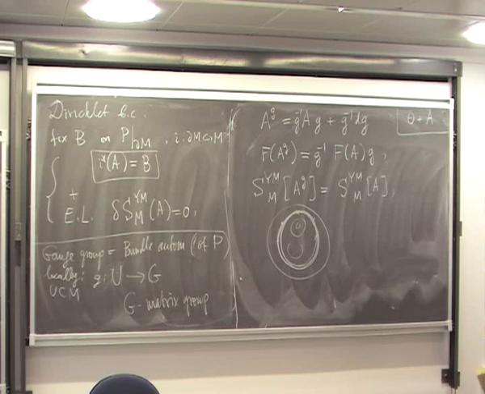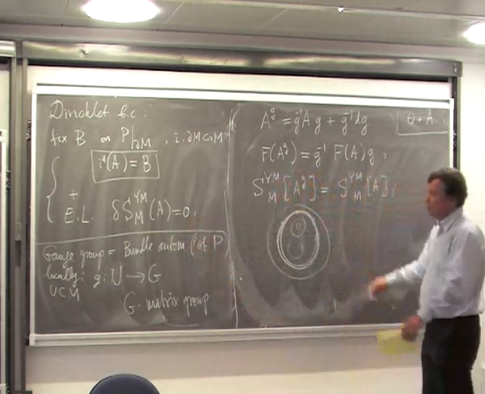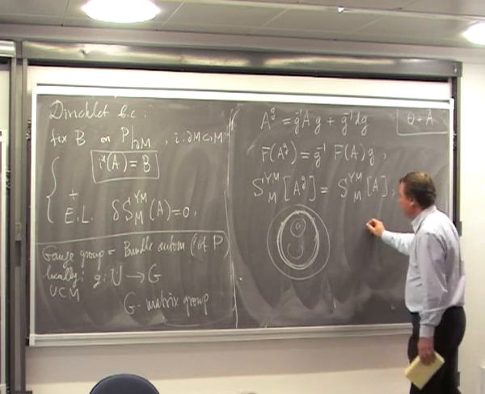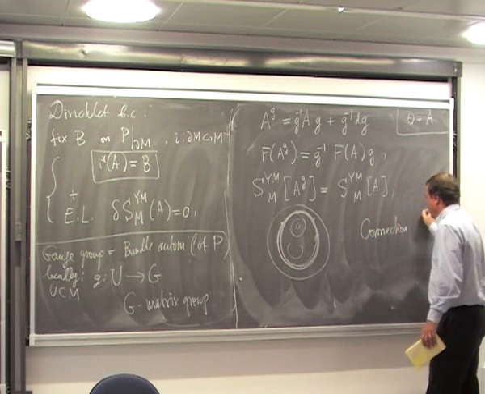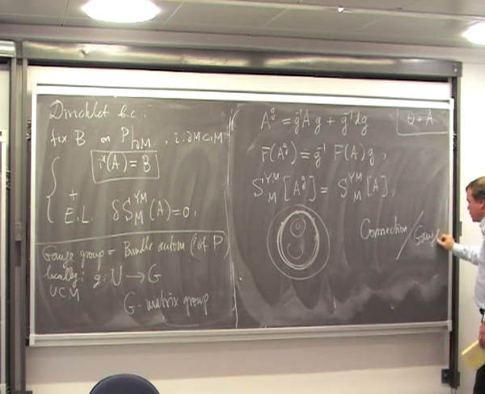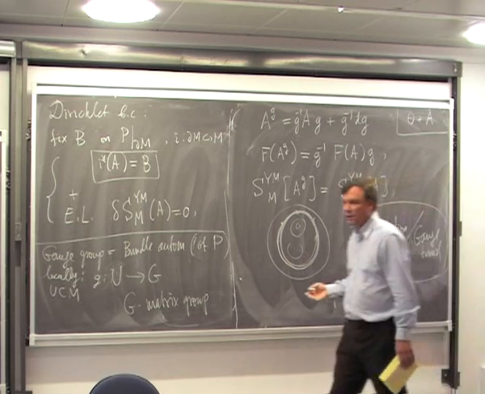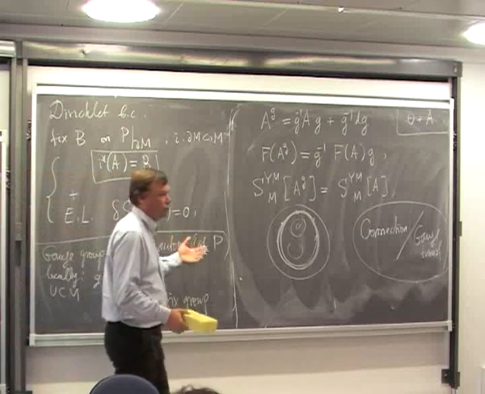So what's the moral of this? If we really want to have some kind of reasonable differential equations describing the classical dynamics of these fields, we should consider not the space of connections, but the space of connections modulo gauge transformations. In other words, the real dynamics is happening in the space of orbits, not in the space of all connections.